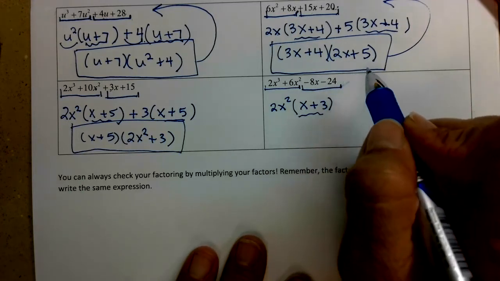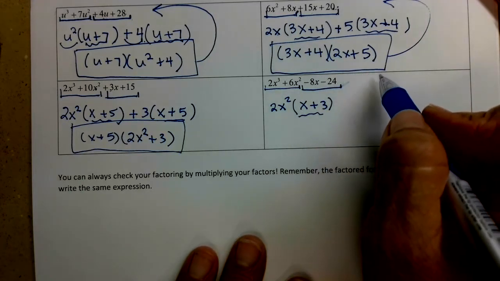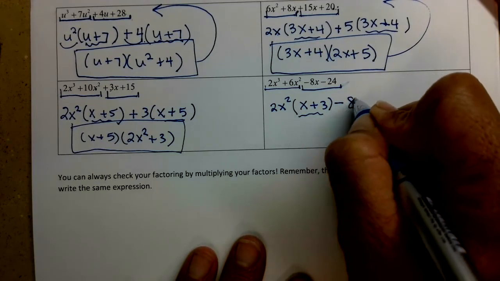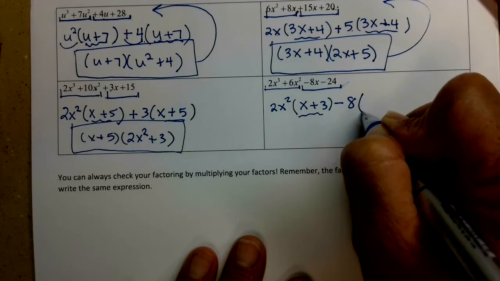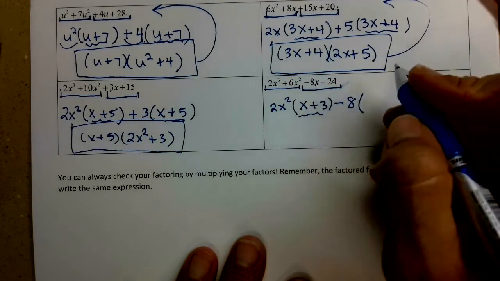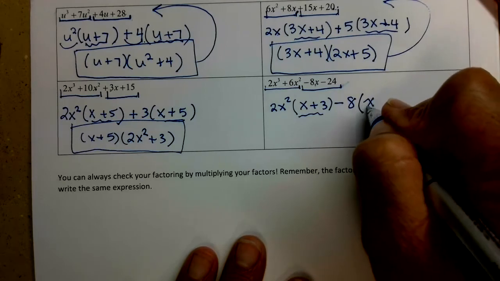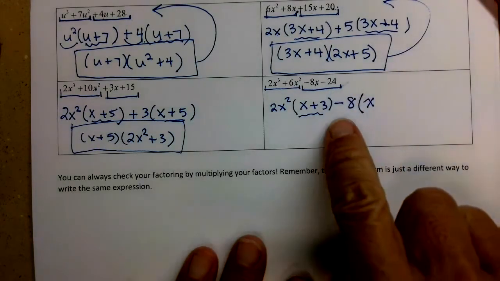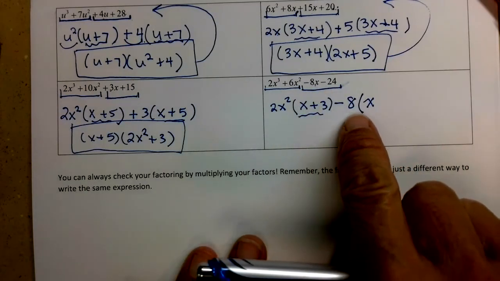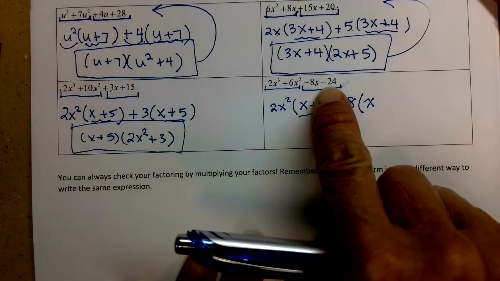But think about what the better way to factor that out would be. We want to factor out a negative 8. Because a negative 8 factored out of a negative 8x leaves behind positive x. Just do a quick check. Negative 8 times x, negative 8x. Okay, and a negative 8 out of negative 24.